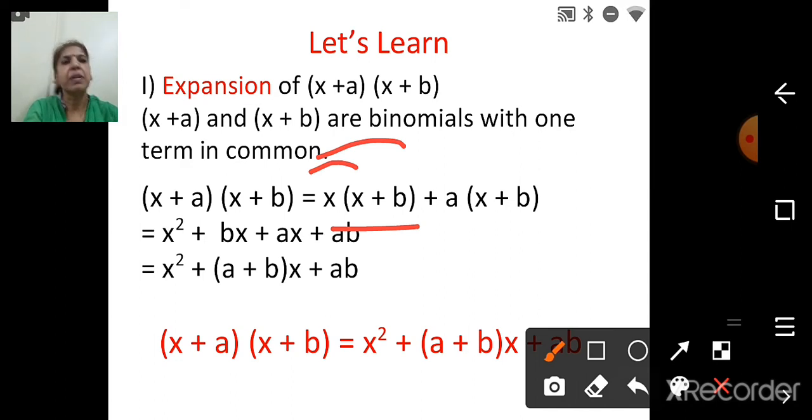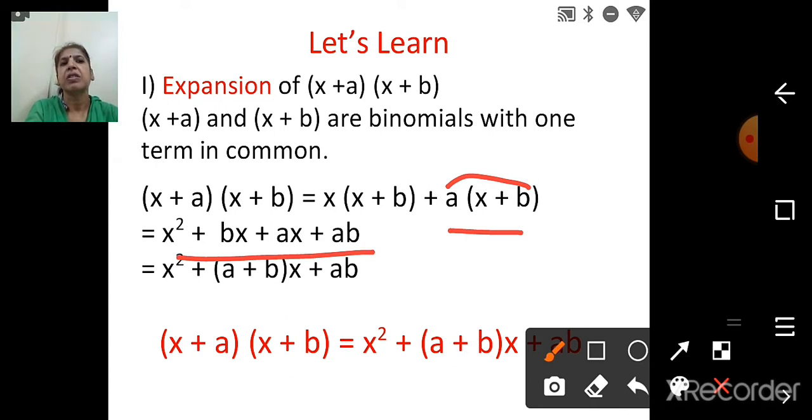So this part multiplication is over, that is x square plus bx. Now similarly a multiplied with x plus b. A multiplied with x, ax. A multiplied with b, ab. So this we are getting: x square plus bx plus ax plus ab.